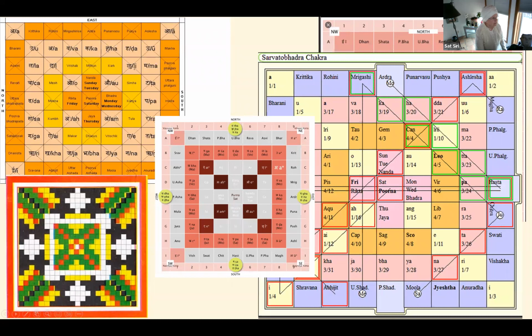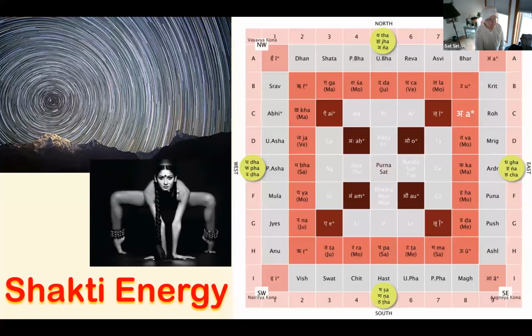So it can seem overwhelming, but the consistent elements are the 5 tattvas, the five limbs of time in the Panchang, all represented in this one chakra in a most ingenious way. And the navel energy is said to be dominated by Shakti energy.